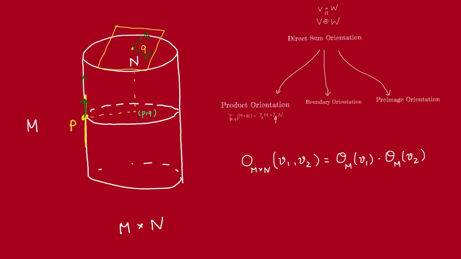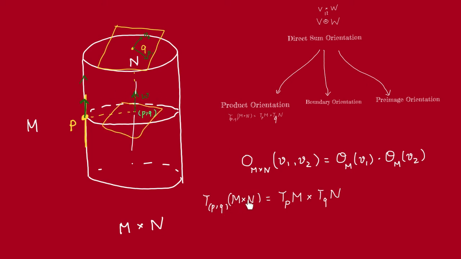Now let's find the induced orientation on the product M times N here at the point PQ. First, observe that now this is a filled cylinder, so the tangent space here must be a three-dimensional space.